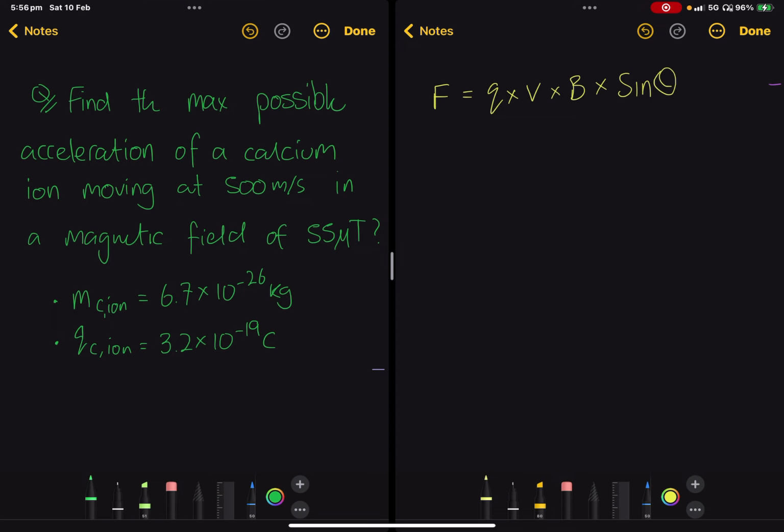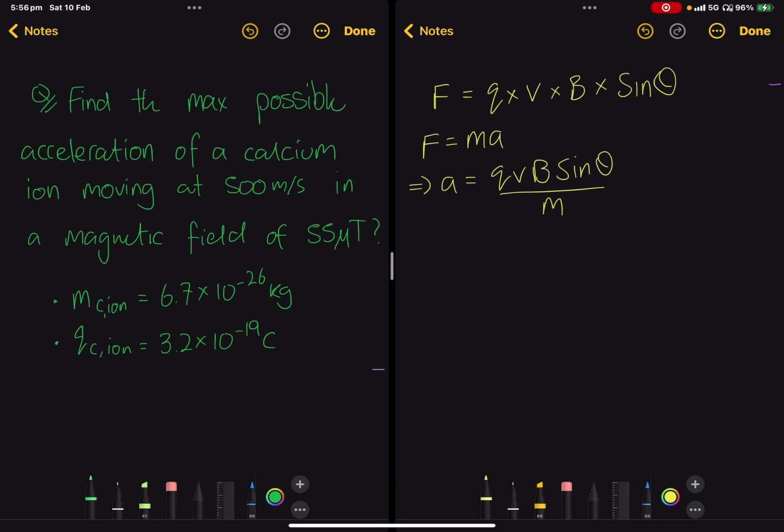We also know that force is equal to mass times acceleration. This implies that the acceleration is equal to the charge times the velocity times the field times sine of theta, divided by the mass.